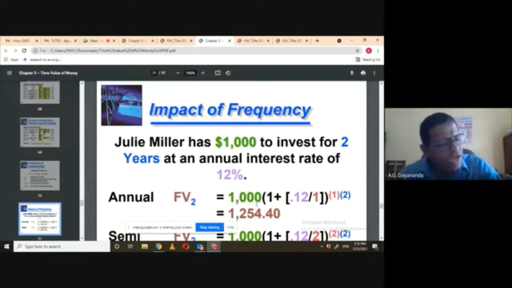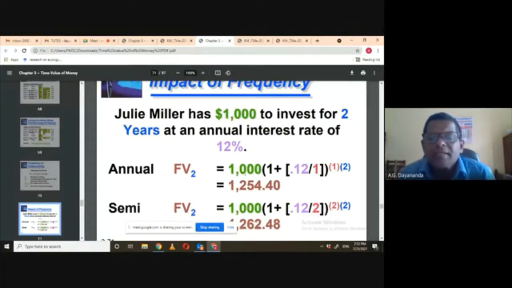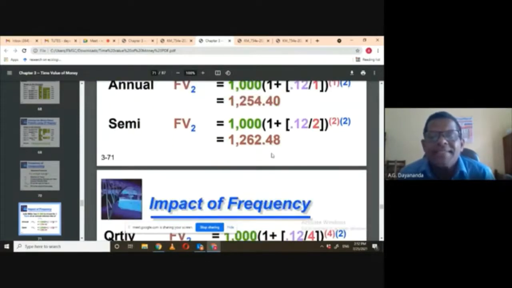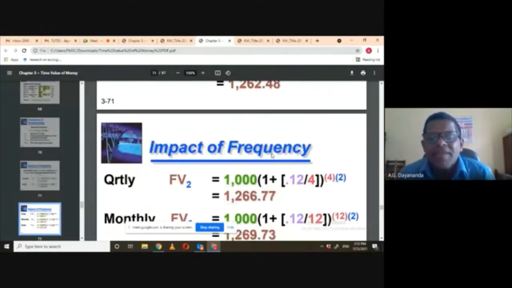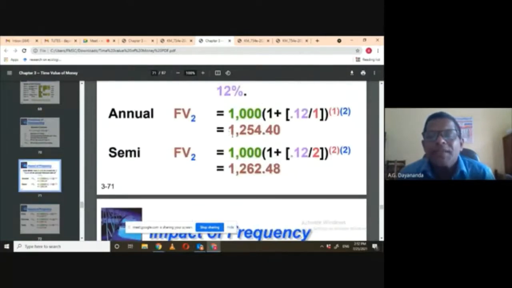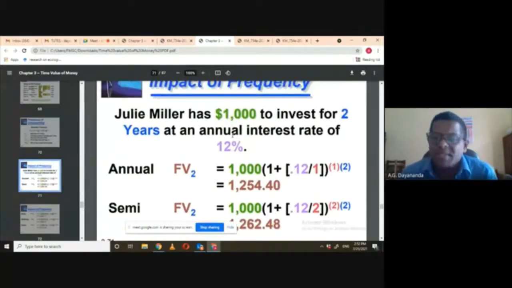So you have an annual interest rate of 12%, but you see the compounding. In this example, we have assumed different compounding frequencies.